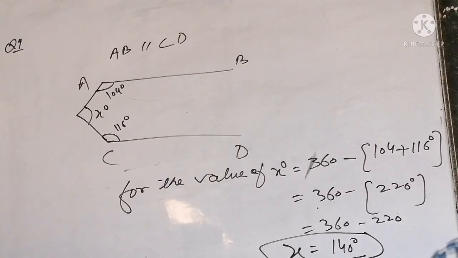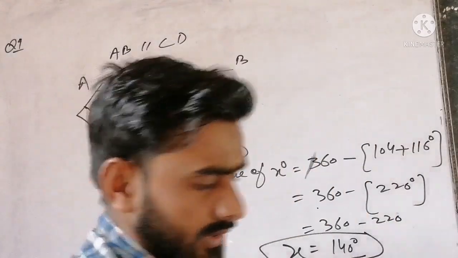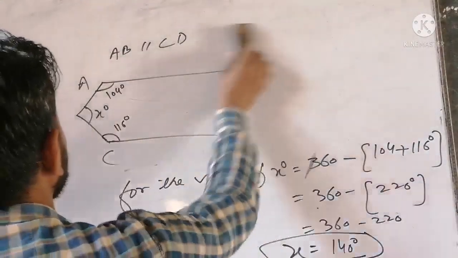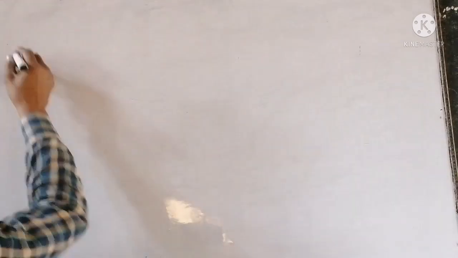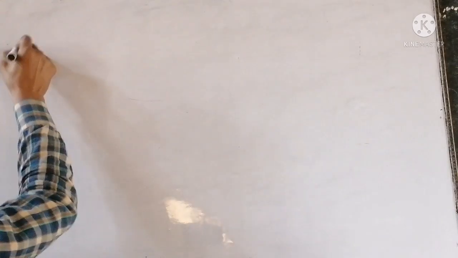Okay, we will solve the next question. This type of next question you will do it. I will not tell you this one. Okay, AB parallel to CD.